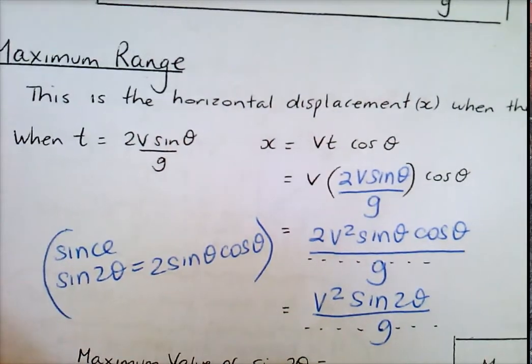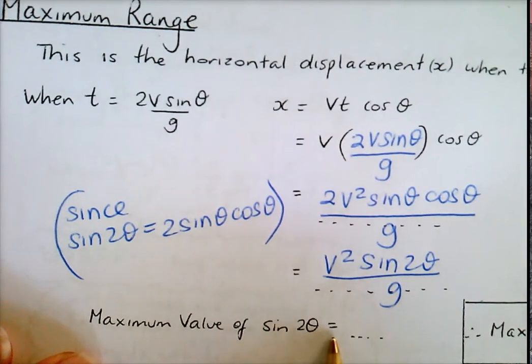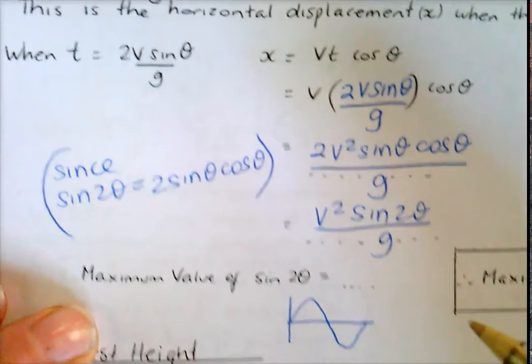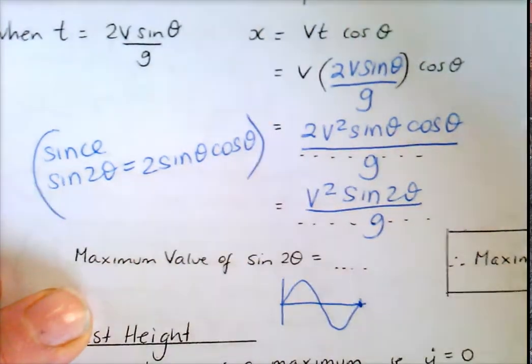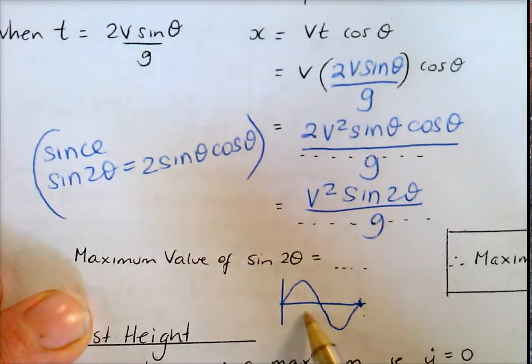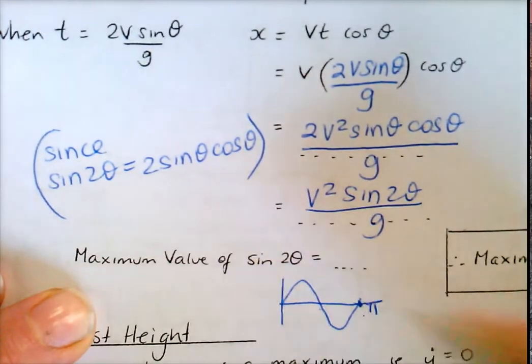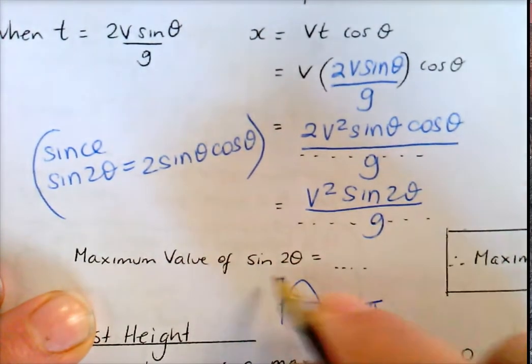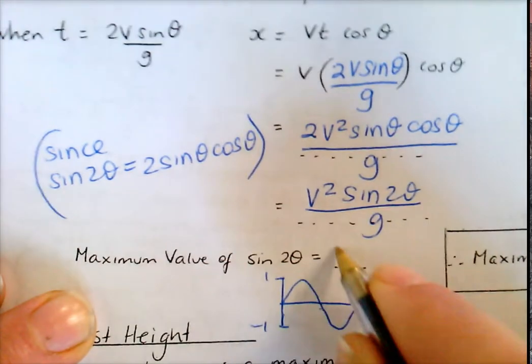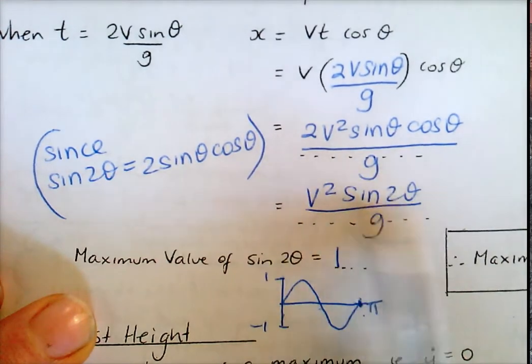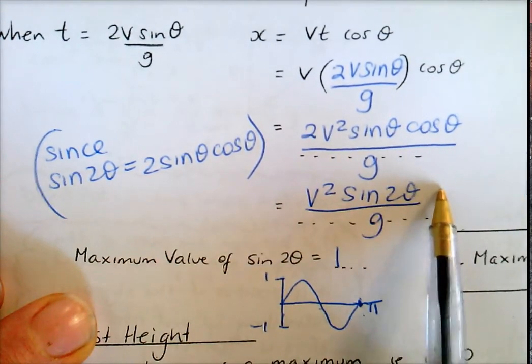So girls, the maximum value of sine 2 theta, if I was to draw the curve sine theta, it's like that. If I want to draw the curve sine theta, that would be 2 pi and that would be pi. What about sine 2 theta? What's the period? 2 pi on 2. So that's the period, pi. What's the maximum value for that curve? 1. So the maximum value of sine 2 theta is 1.